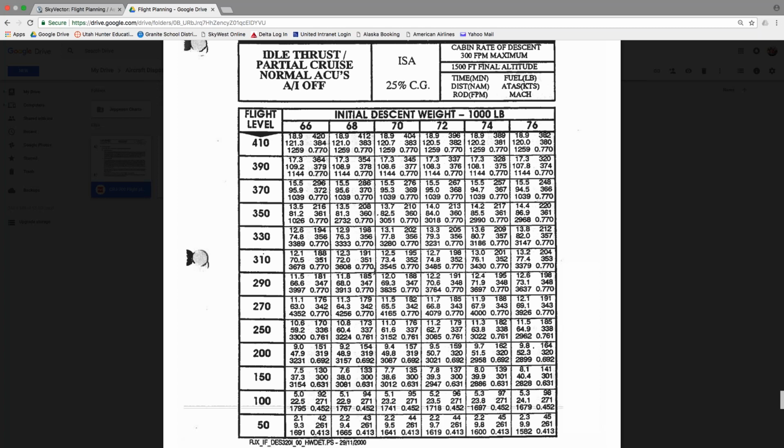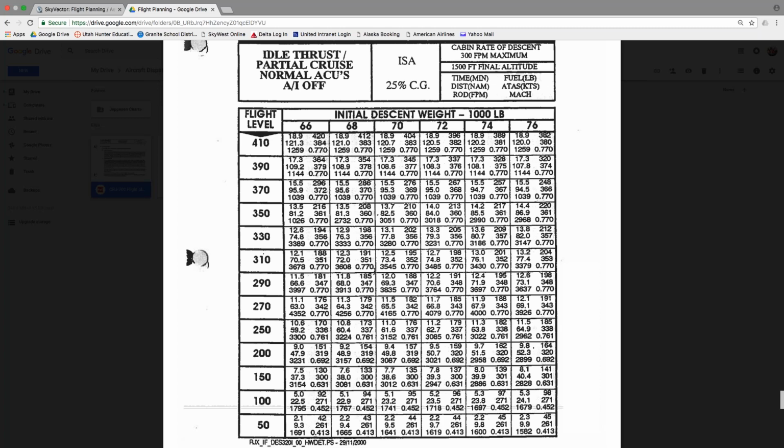So it's Denver to top of climb and then top of descent to Salt Lake? No, I think it's gonna be top of climb to top of descent, but I'm not sure, because it's such a short flight. I just wanna figure out that leg. So what's your distances really quick?